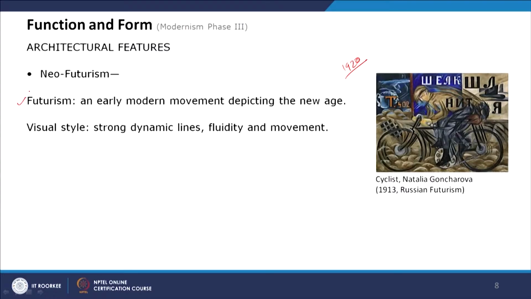So we will not discuss much about the art movements. Futurism was an early modern movement which depicts the new age. Again, in neo-futurism they are depicting the new age. If you look at Calatrava's design as well as Eero Saarinen's design, it was futuristic and looks like a structural marvel, and people will start thinking why and how this technological advancement was used.